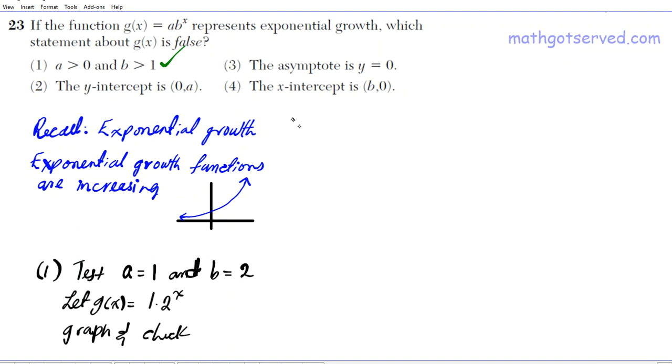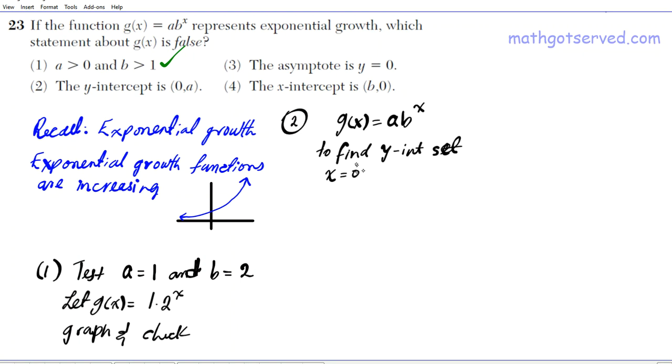Option two, the y-intercept is 0a. Okay. So we have g of x equals a b to the x. So to find the y-intercept, we set x equal to 0.